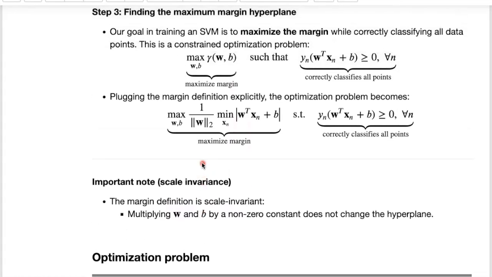And one thing that we can always do is scale w and b such that the min over xn of w transpose xn plus b is exactly equal to 1. If it's not, we just normalize it to make it 1, right? It's kind of like normalizing probability. If the max probability is 10 and we want that to be 1, what do we do? We divide that by 10, right?